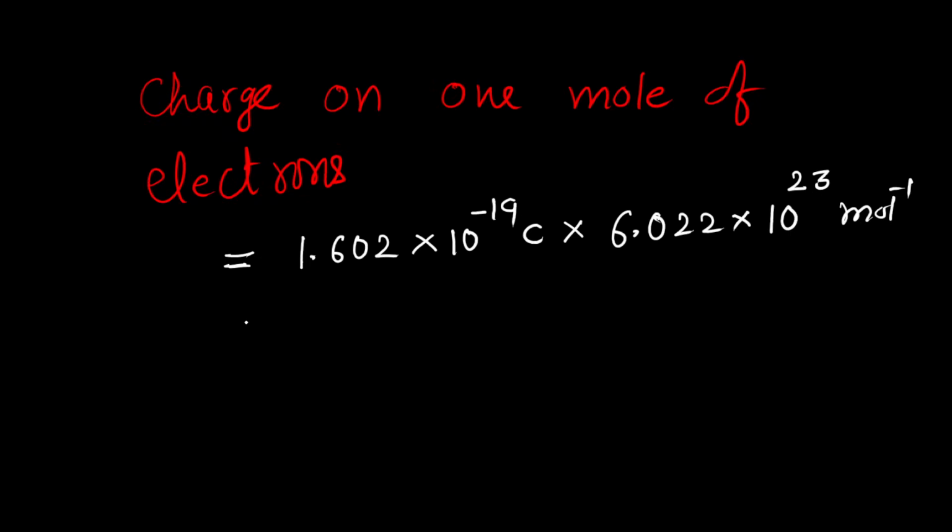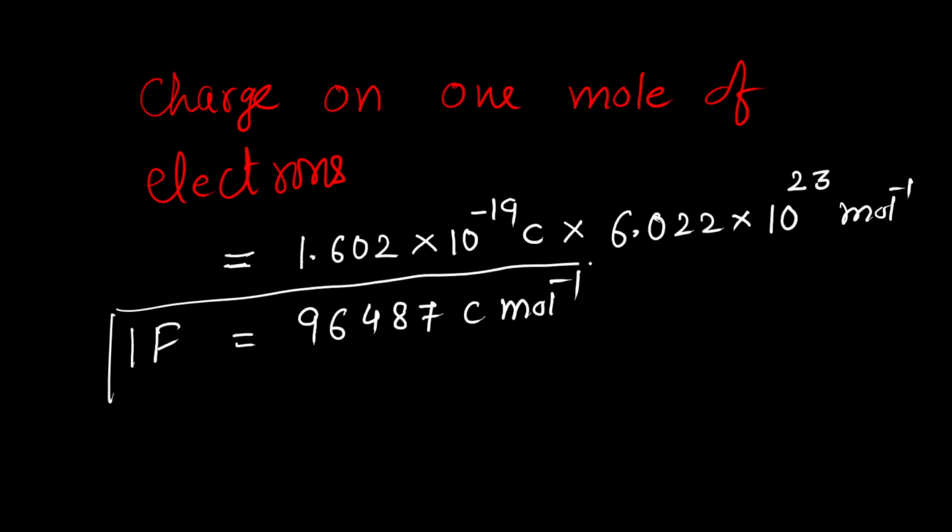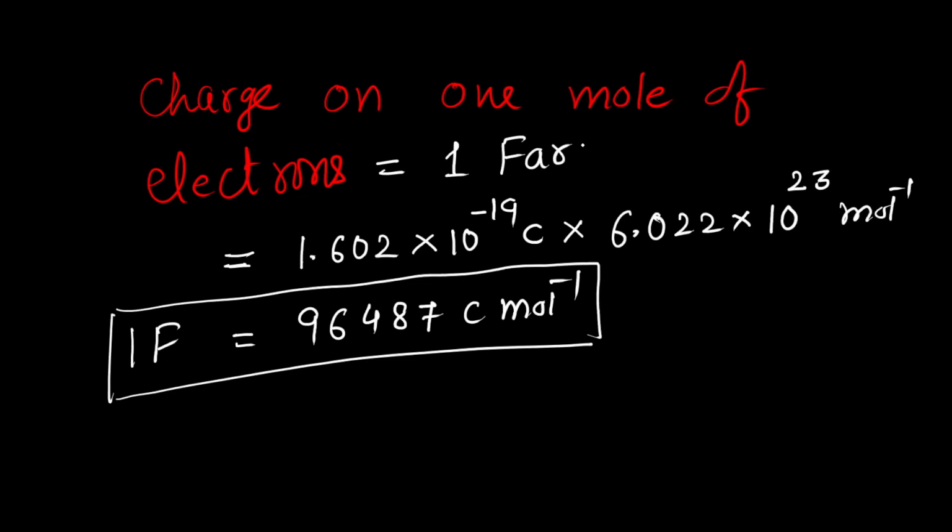In this way it comes out to be 96,487 coulomb per mole. That is called 1 Faraday, which means the charge on 1 mole of electrons is equal to 1 Faraday.